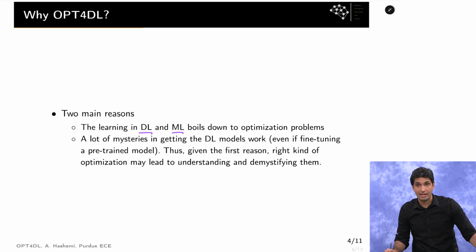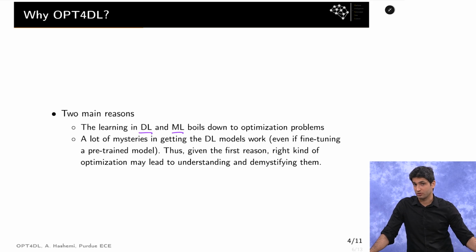So that means that if I want to train my model, I'm going to have to solve an optimization problem. If I want to understand why my model is able to fit the data, why my model is able to generalize to unseen data, we have to understand these fundamental optimization problems.